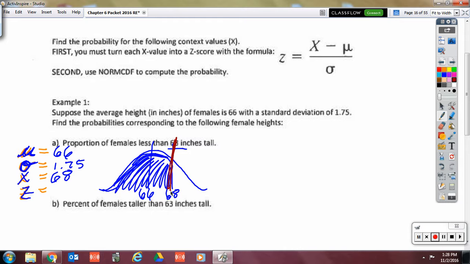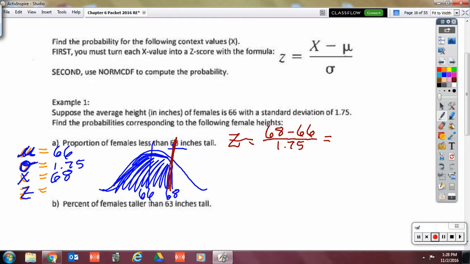So how do I find that? Z equals x minus the mean over the standard deviation. So that means x is 68 minus the mean of 66 over the 1.75.